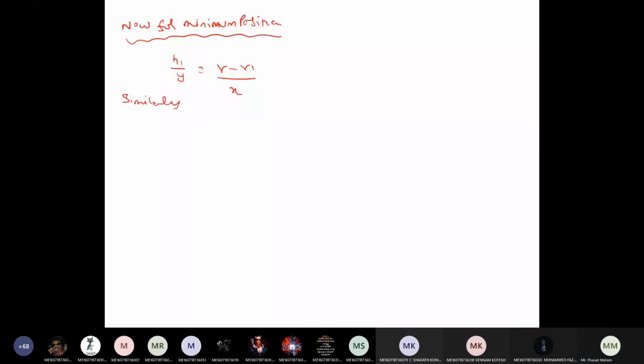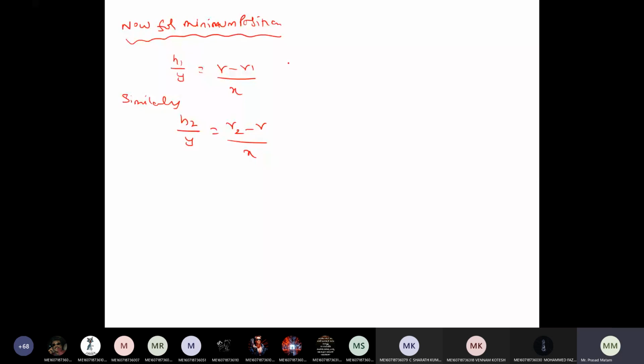Now for the minimum position, I am writing the equation as h1 by y is equal to r minus r1 by x. Similarly, for the maximum position, I'll tell you how I am writing this equation: h2 by y is equal to r2 minus r by x.